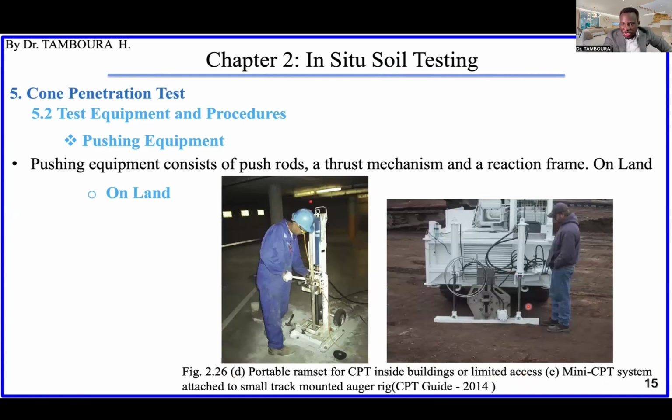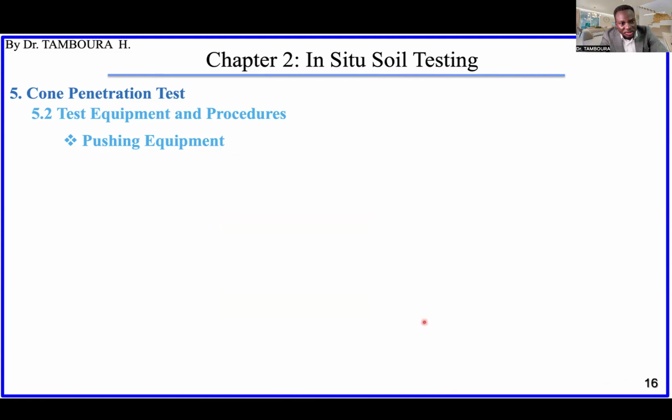Another mini CPT system is attached to a small truck with an auger rig. You can see the auger rig. There are many types, and there are technicians who are specialized in performing the test.